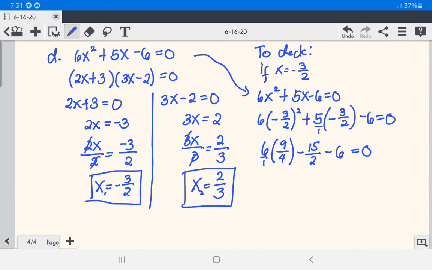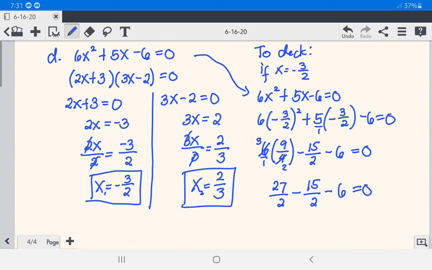So 6 divided by 2, that is 3. Then 4 divided by 2, that is 2. Then let us now multiply the numerators. 3 times 9, we have 27. And then 1 times 2, we have 2. Then minus 15 over 2. Then minus 6 is equal to 0.